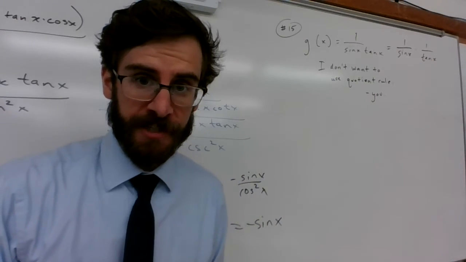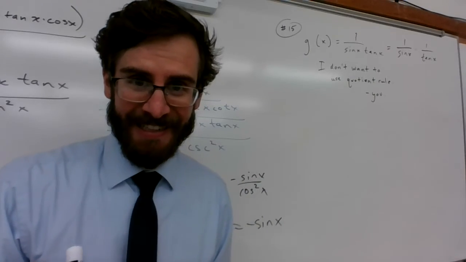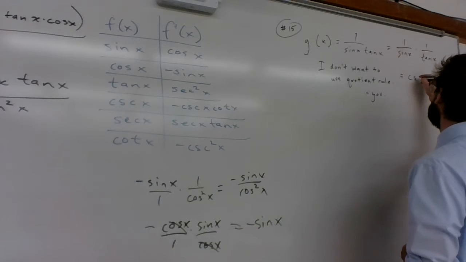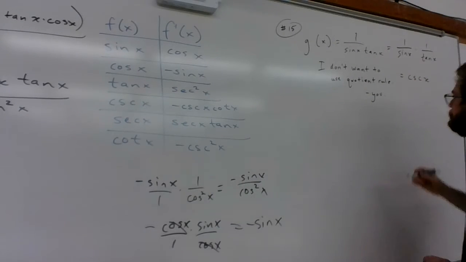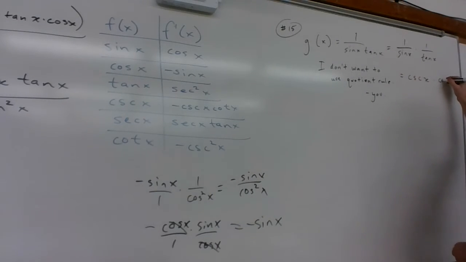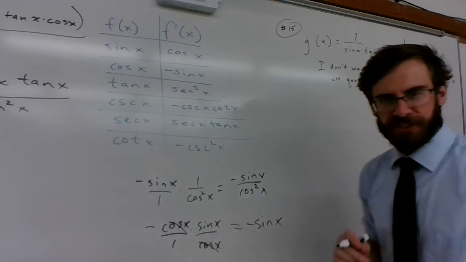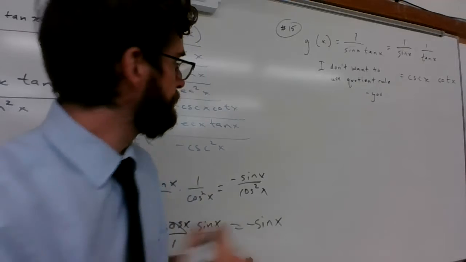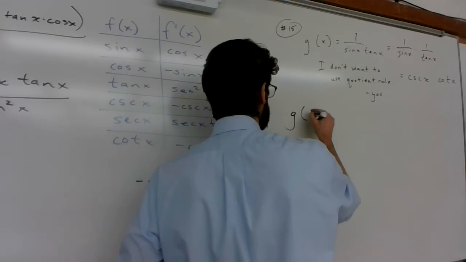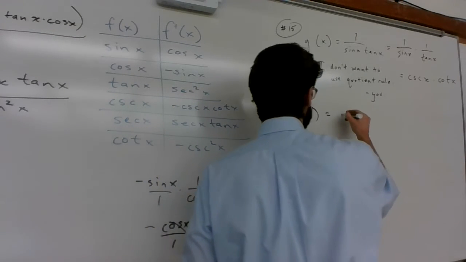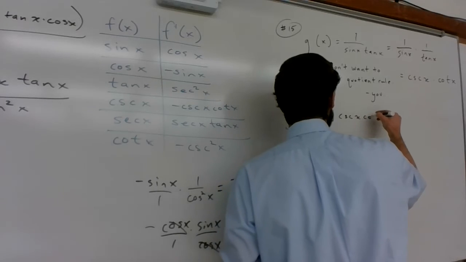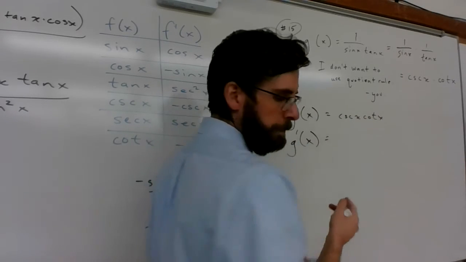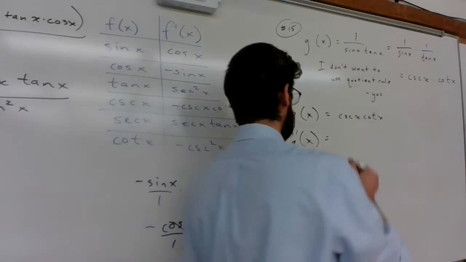We still have fractions, but you have reciprocal identities that say 1 over sine is cosecant. 1 over tangent is cotangent. I don't think we need to use quotient rule anymore. But you need to use product rule.